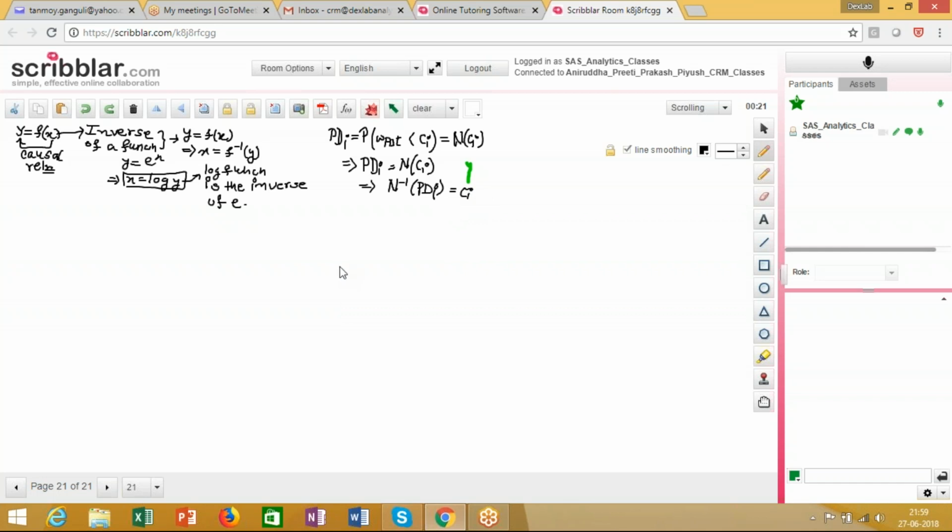So N inverse PD of the ith borrower is equal to Ci, right? So this is a very simple relationship which we can clearly see existing between the variables, right?